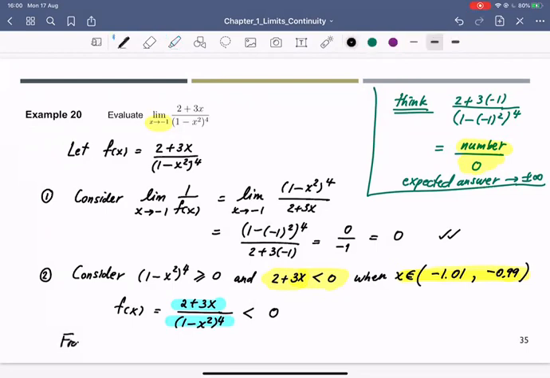So from 1 and 2, we conclude that the limit of f(x) when x goes to negative 1 is equal to negative infinity.